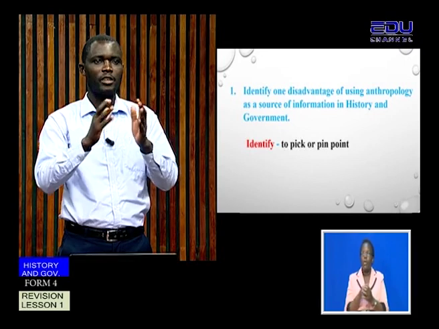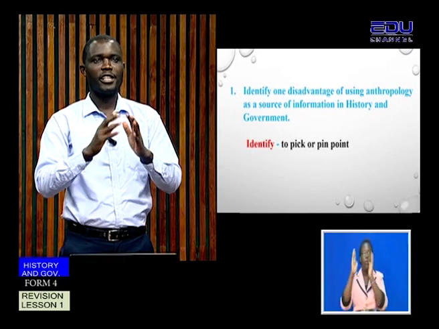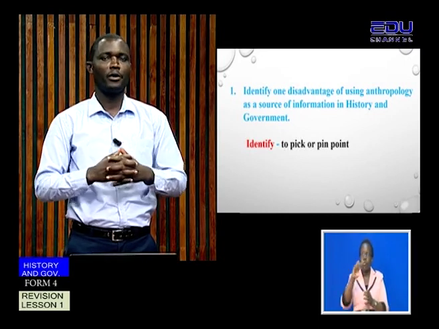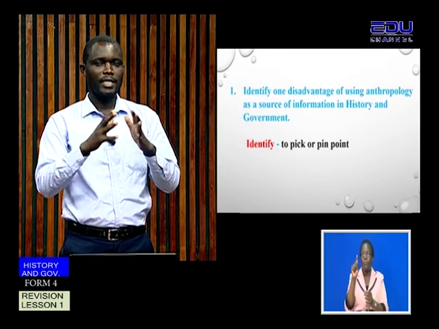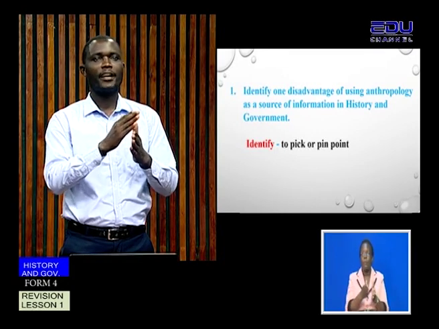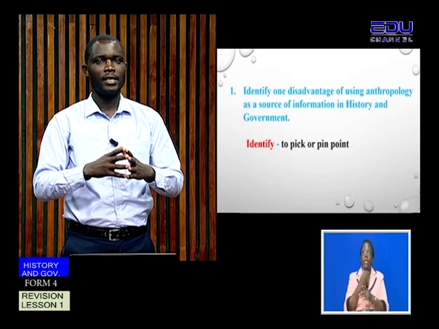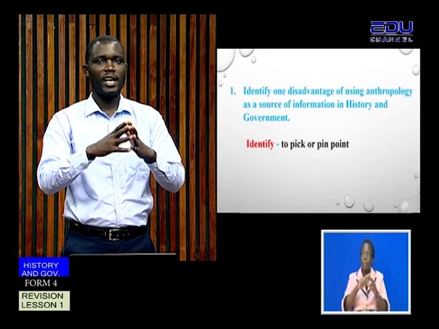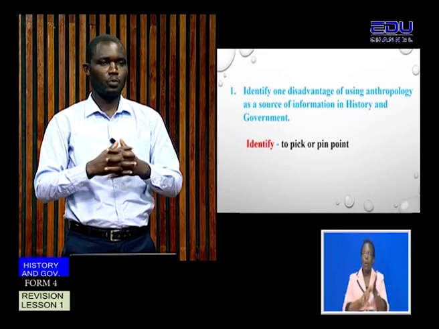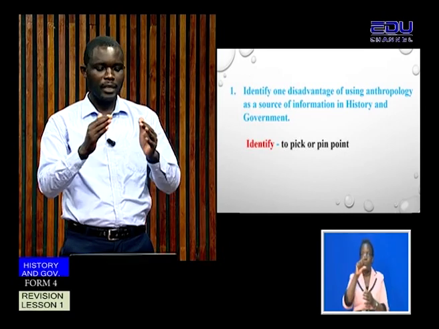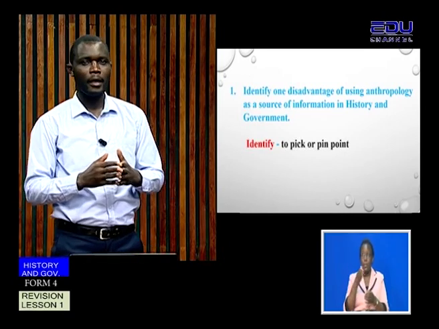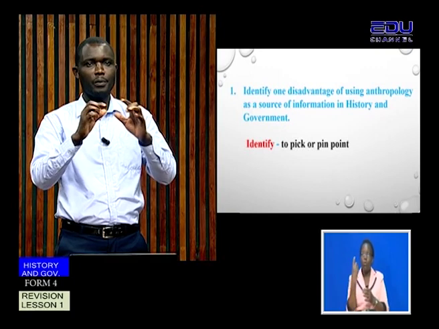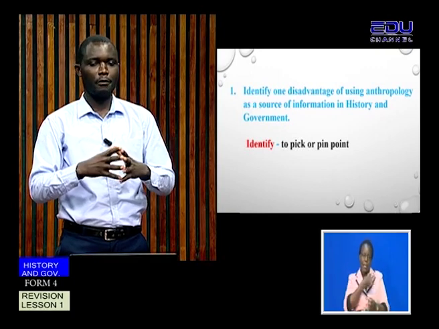As a historian, the question wants you to pick or to pinpoint. There is a variety of answers provided, but there is only one that you are required to pinpoint or to pick. And therefore, the question only wants you to pick disadvantages of anthropology.